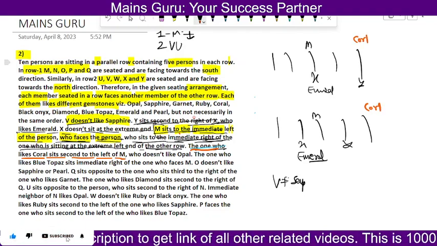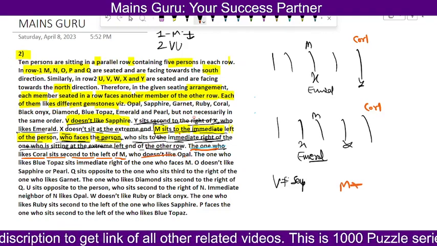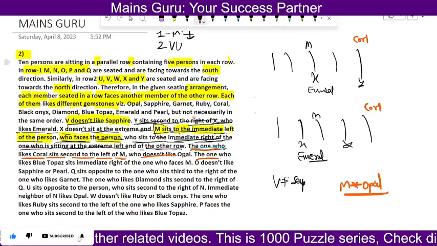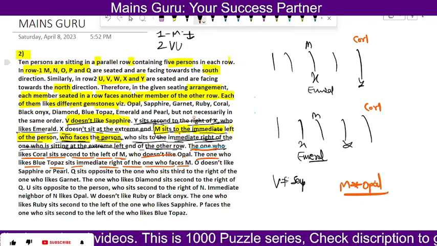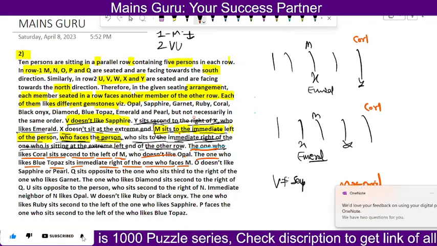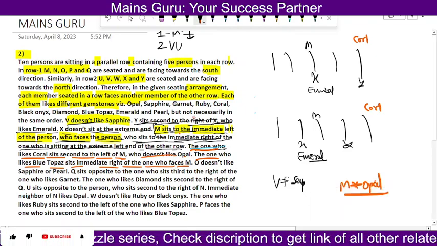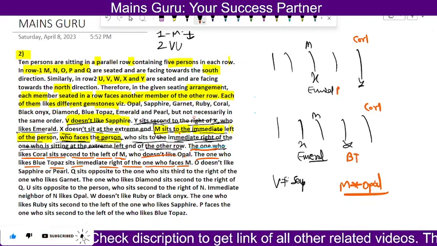After this, for M, what is it saying? M does not like Opal. Okay, the one who likes Blue Topaz sits immediate right of the one whom M faces. So Blue Topaz will come here. In short, I'm writing BT here.